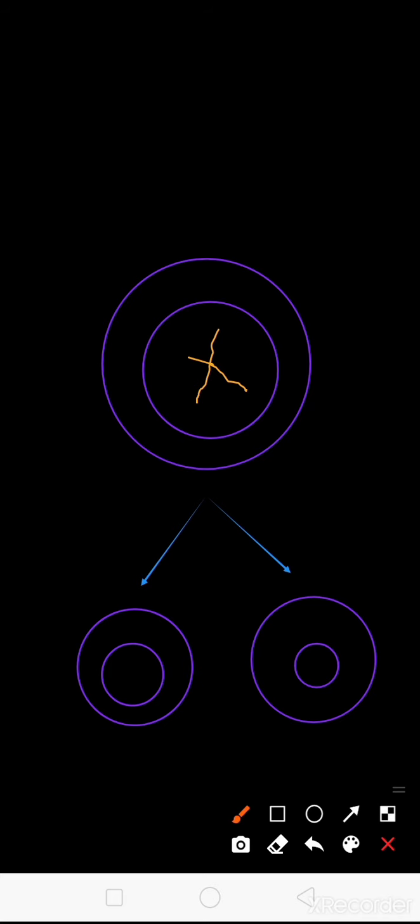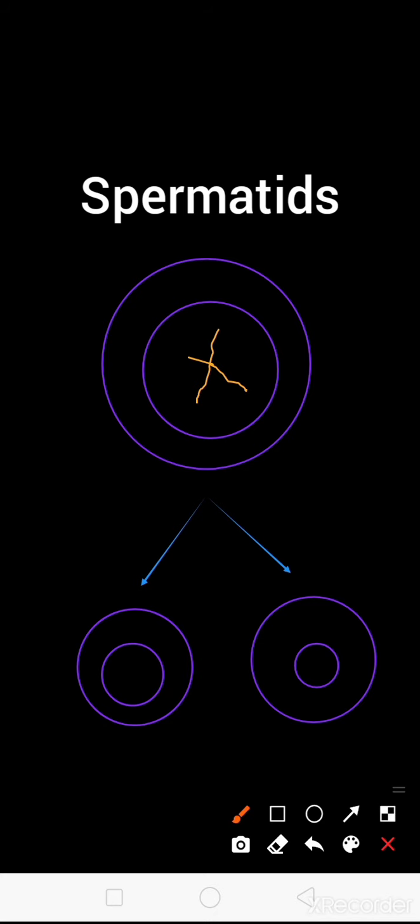One primary spermatocyte gives rise to two secondary spermatocytes because of meiosis 1, and these two secondary spermatocytes will give rise to four haploid spermatids because of meiosis 2.